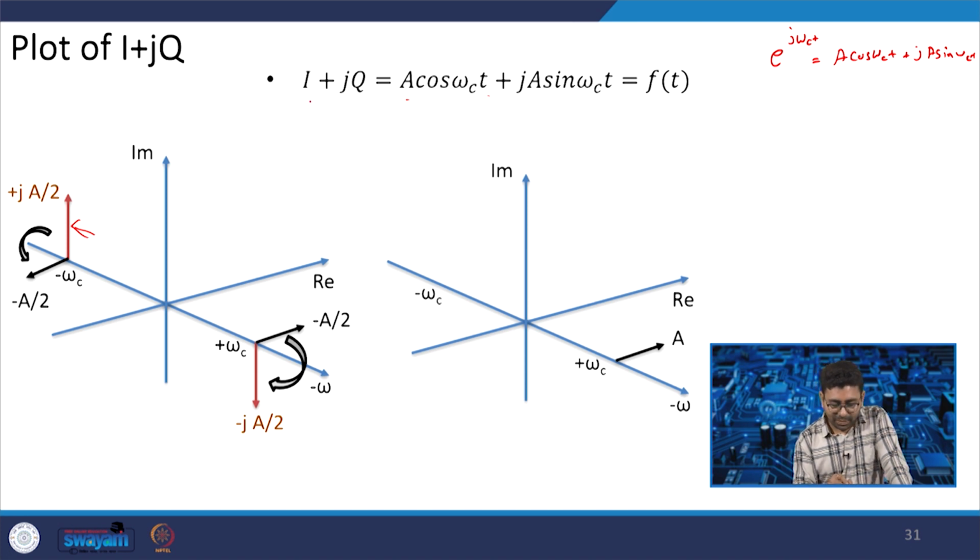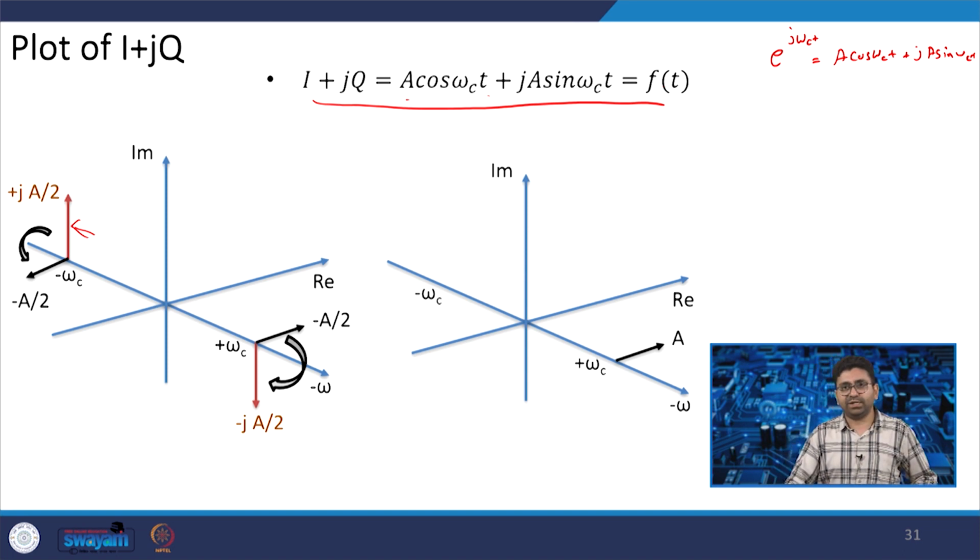So, whenever you want to mathematically show the single carrier up conversion, we should multiply with e raised to j omega c t. You might have done baseband modulation in MATLAB, where we multiply with e^(j omega c t), which is a combination of a cos omega c t plus j a sin omega c t.